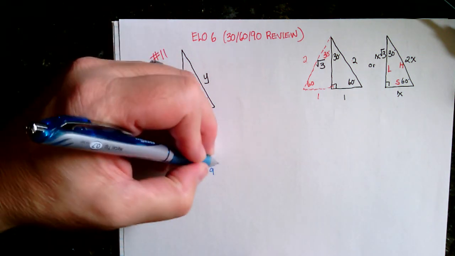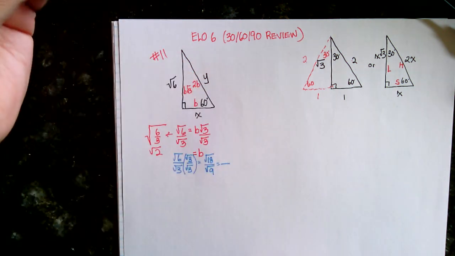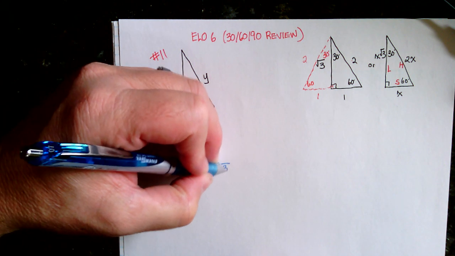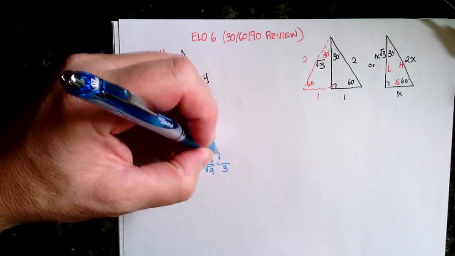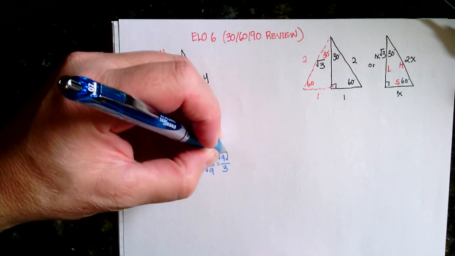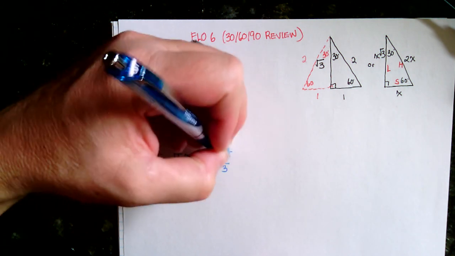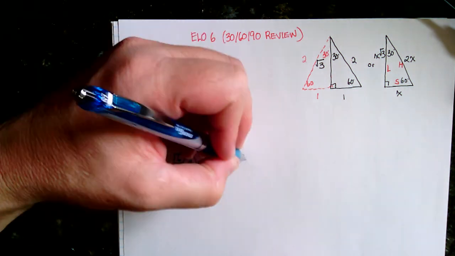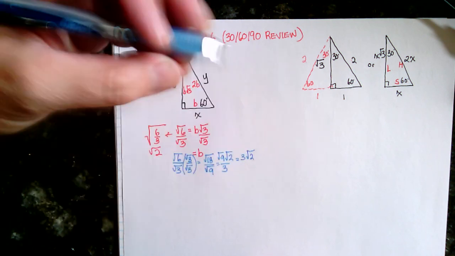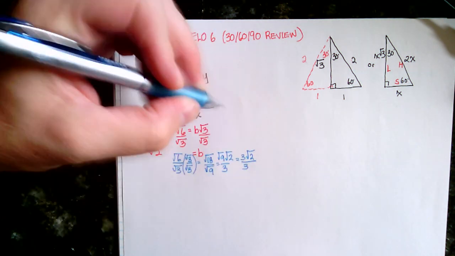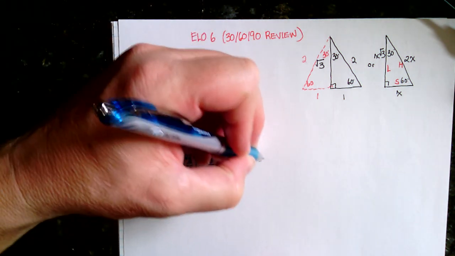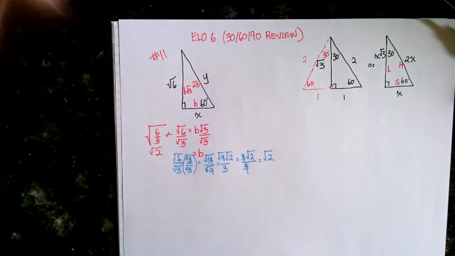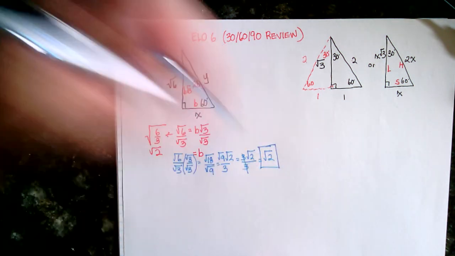Okay, remember, root 9 turns into 3. Root 18 can be factored down to 9 and 2. Square root of 9 is 3. Root 2 stays identical. It's over 3. The 3's cross out, leaving me with root 2. Okay.